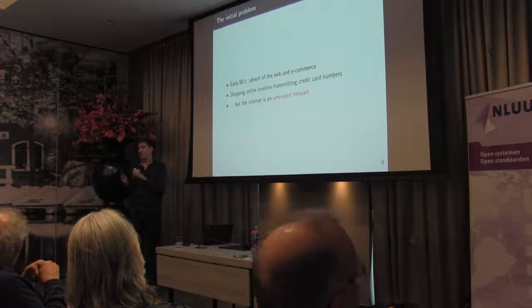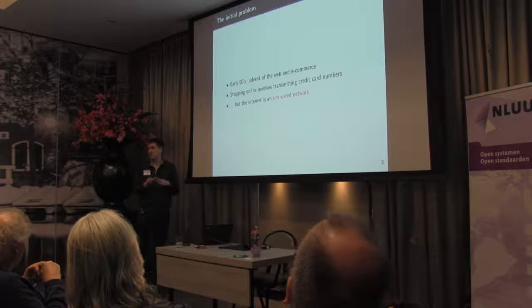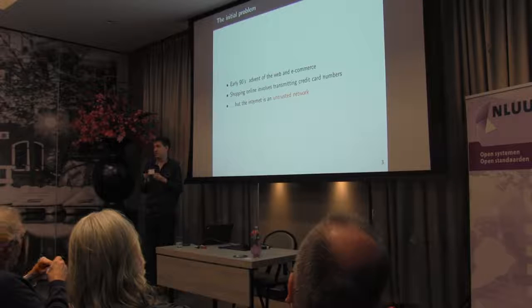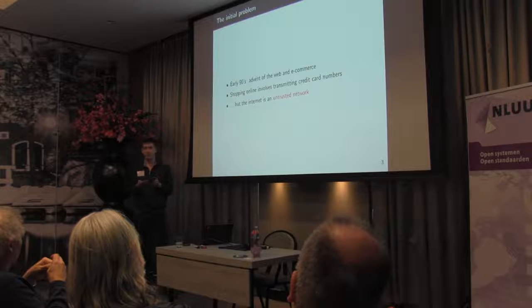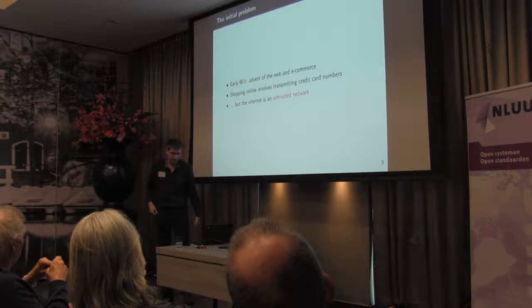And there were also some legislative issues with that as well. So early in the 90s, people started calling for, we need to do something about this problem. How can we do secure shopping online? And of course, there are also a lot of other applications that could benefit from transmitting sensitive information over the internet.